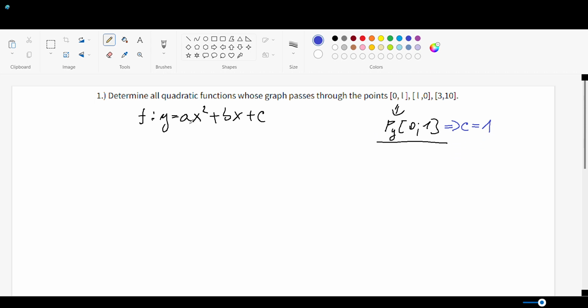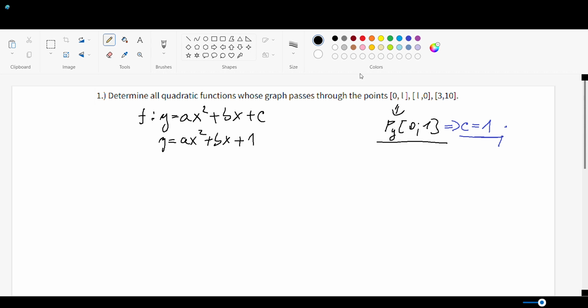If you put 0 instead of x, the quadratic term and linear term will disappear, and it then means that the c value is equal to 1. So this is good news, because now our equation would look like y equals a times x squared plus bx plus 1. So now we just have to find the values of the coefficients a and b.